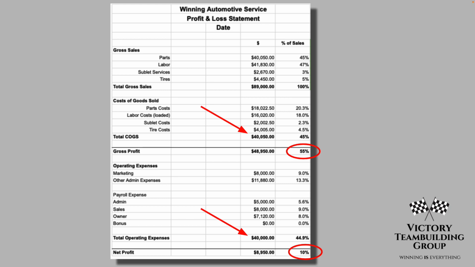And this is why you have to know these numbers inside and out, and you have to know the ramifications of raising and lowering your prices and keeping your service advisors at certain margins, because it ends up being big money to the bottom line, especially if you're hovering real close to your break even.